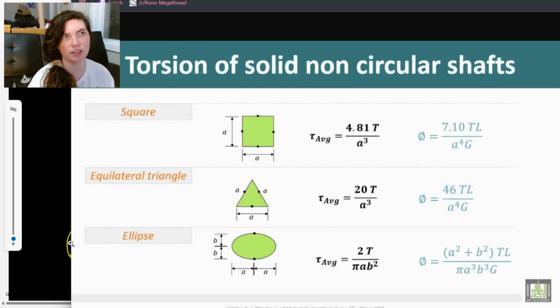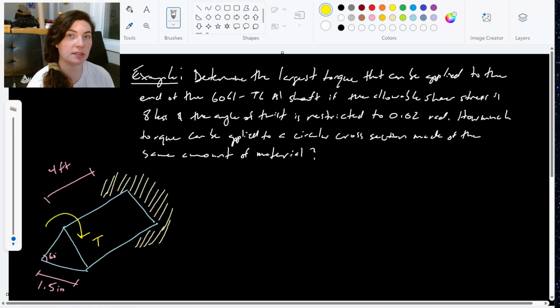So we'll go ahead and look at an example using these equations. For this example problem, we're looking at a triangular shaped shaft, and we want to know the largest torque that can be applied if the allowable shear stress is 8 ksi and the angle of twist is restricted to 0.02 radians. Again, we're seeing a problem with two separate restrictions, which means we need to do two separate checks to see which one is limiting.